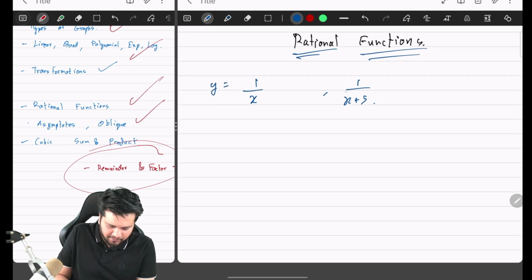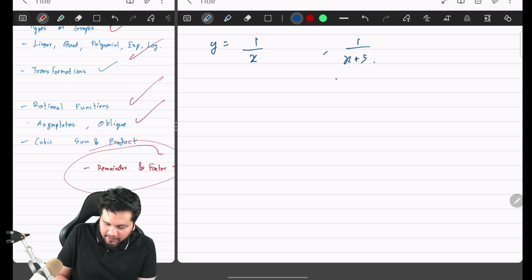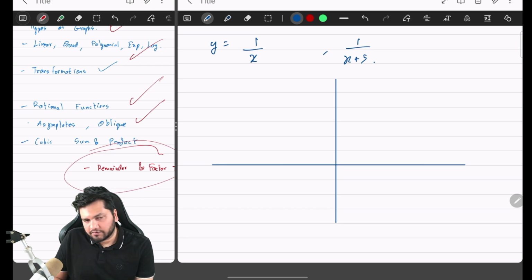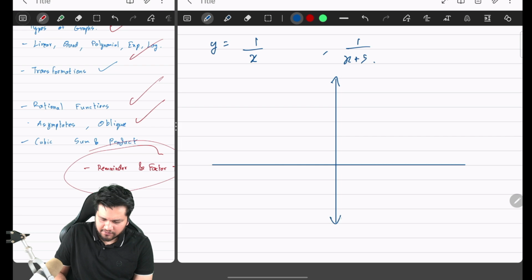So first let's start with the basic one, which is 1 by x. How will the graph look for this 1 by x function? All the rules will be applicable for other rational functions as well, like all those transformations.